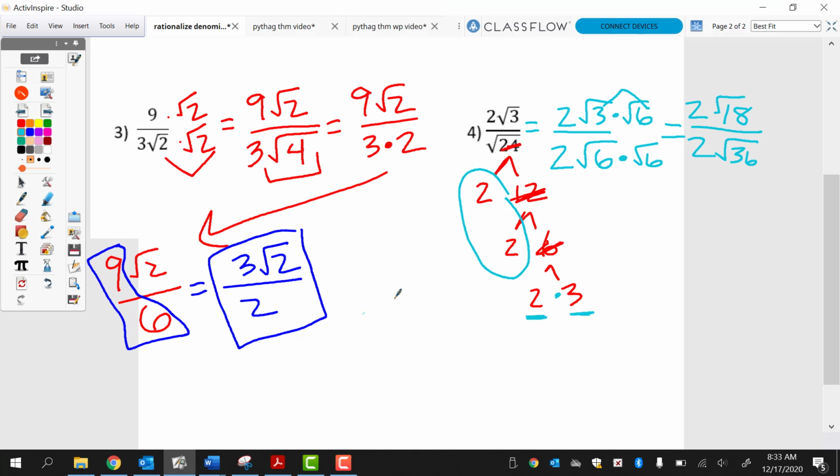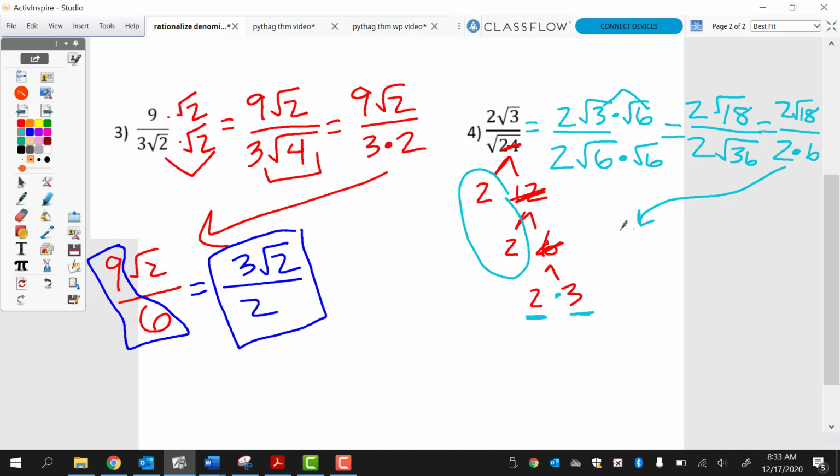So that turns into 2 square root of 18. That's still the same. On the bottom, I had this 2. Square root of 36 just turned into a 6. So I need to do 2 times 6. So we're going to continue this right here.